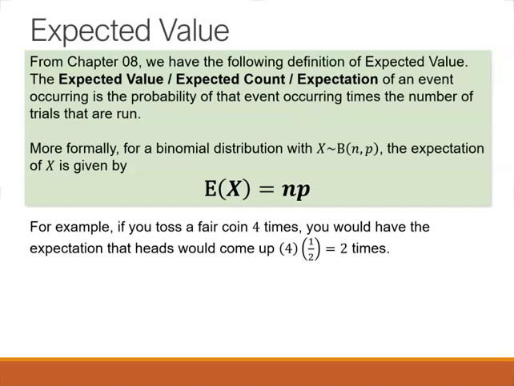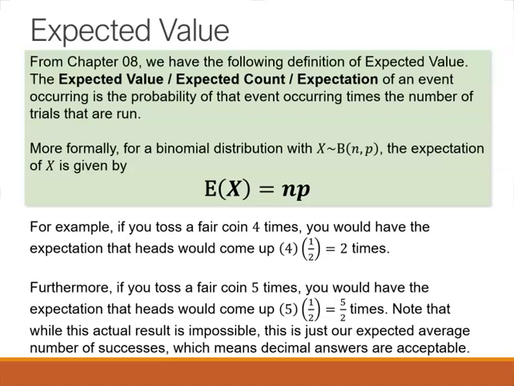So if I have a fair coin, I'm going to toss it 4 times. Coin flips are binomial experiments. We've already talked about that previously. There's 4 trials. The probability, since it's fair, of success is 0.5. 4 times 0.5 is 2. So I expect if I flip the coin 4 times, I'd get heads twice.